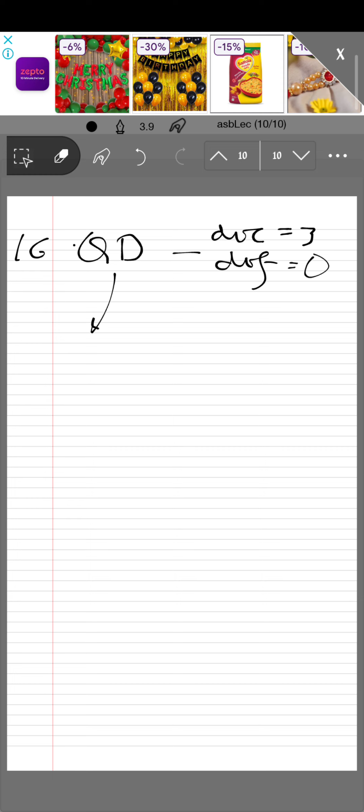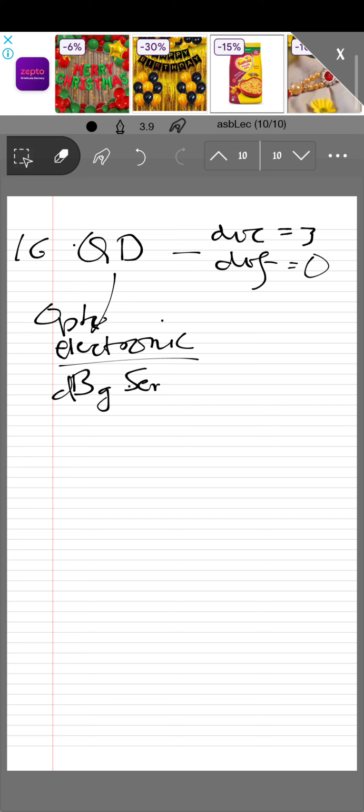Firstly, in electronics and optoelectronics, a quantum dot made out of a direct bandgap semiconductor has very high efficiency.